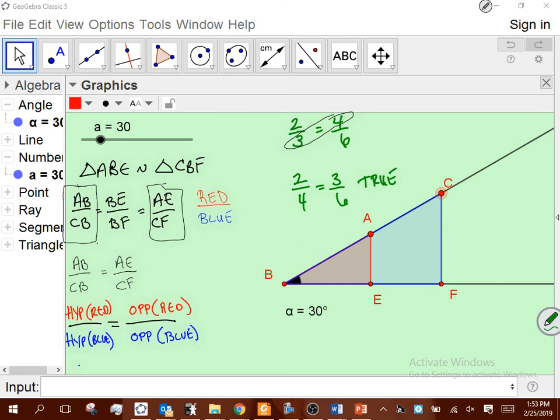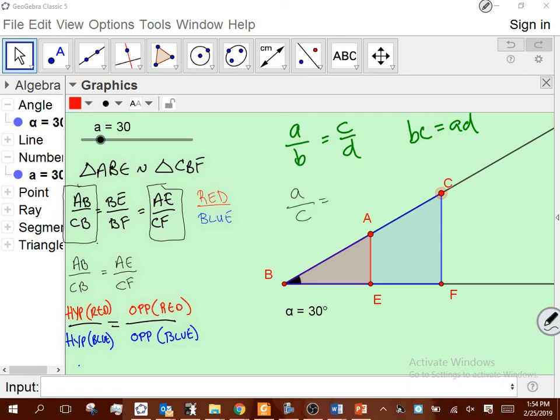I think we talked about generically, if I had A over B equals C over D, if I cross multiply, I get BC equals AD, right? Well, if I flip-flop those and rewrite it as A over C equals B over D, when I cross multiply, do I still get BC? Do I still get AD? So that's a proof showing you that I can do that regardless of my numbers. It doesn't have to be 2/3 and 4/6. It can be anything. I can interchange the means and still get something that's true.